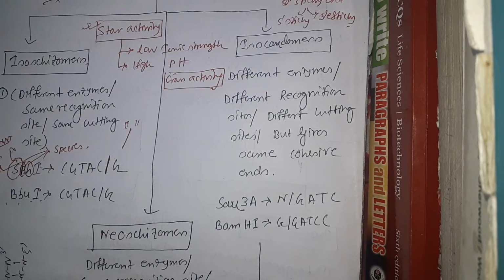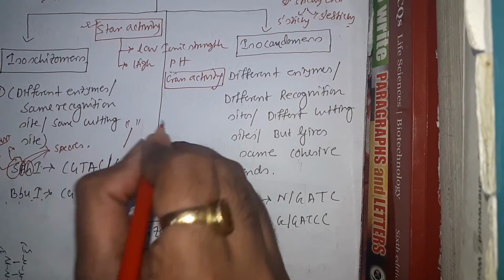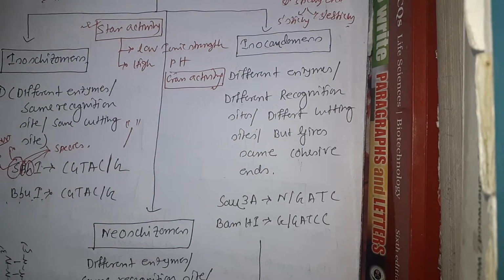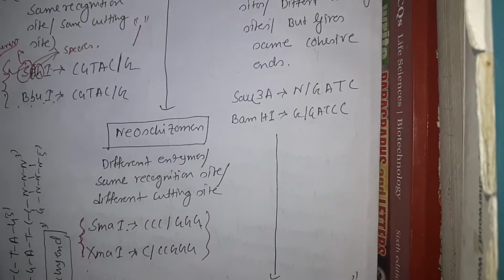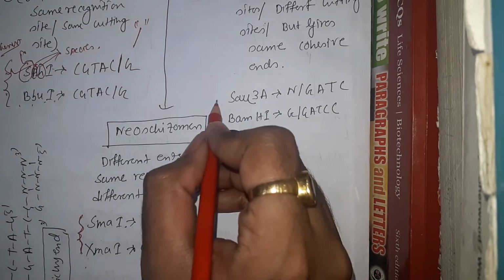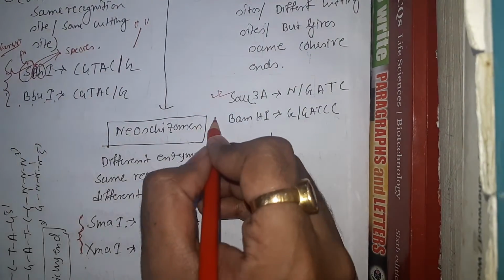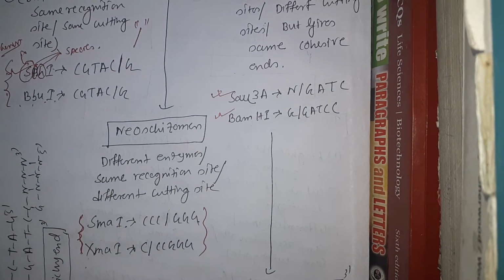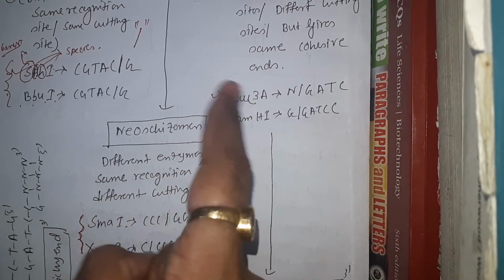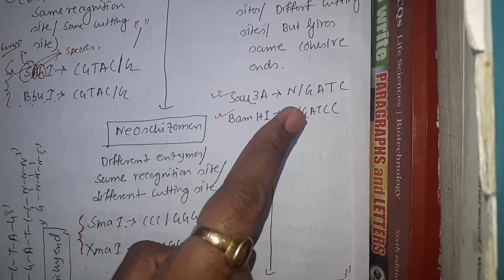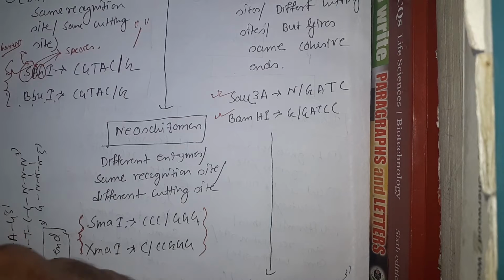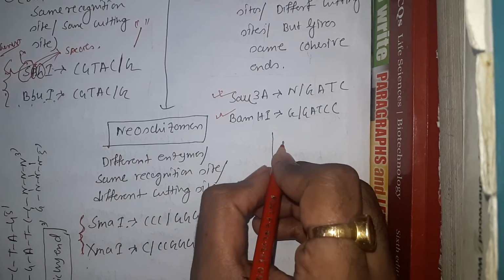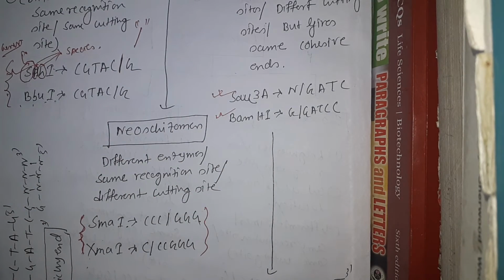Now the most important one, that is isocaudomers. What are isocaudomers? Let's come to the example. One example is Sau3AI endonuclease, another one is BamHI. These two endonucleases recognize different recognition sites, number one, and they make their cuts in different locations, but that results in the same sticky end.